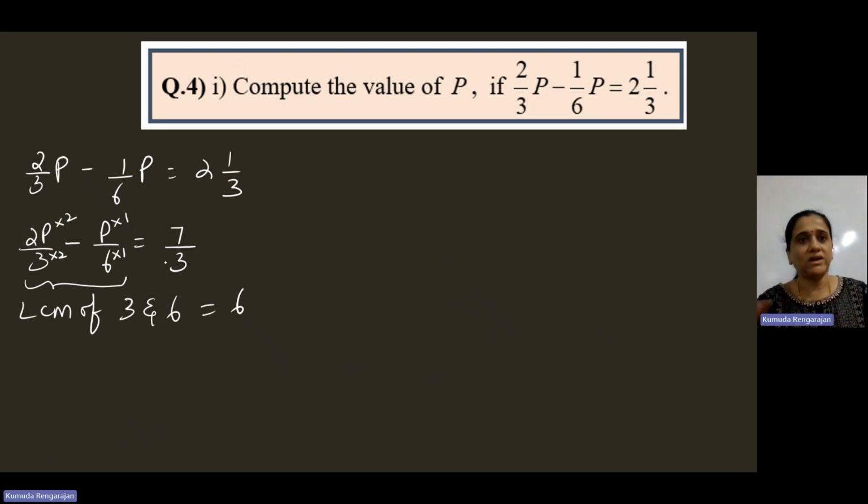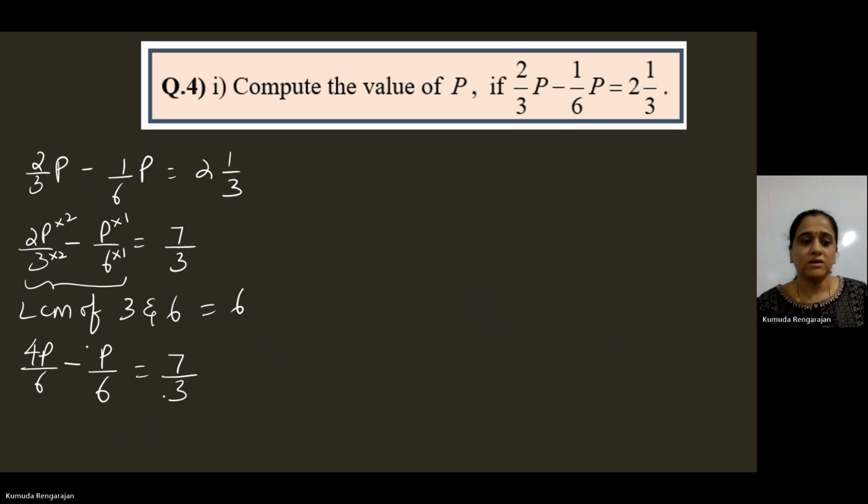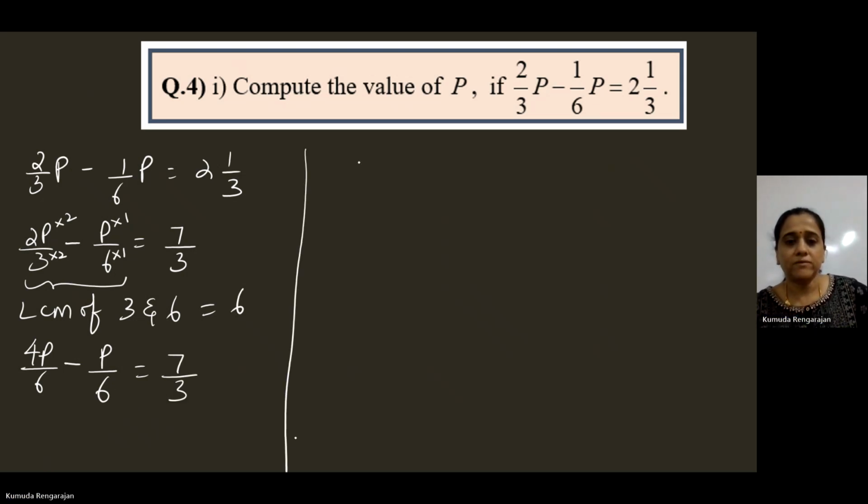Now you know this procedure, right? 3 into 2 is 6, 6 into 1 is 6, so multiply the same in the numerator. Now 2p into 2, what is it? 4p by 6 minus p by 6 is equal to 7 by 3. So there's nothing but 4p minus p by 6.